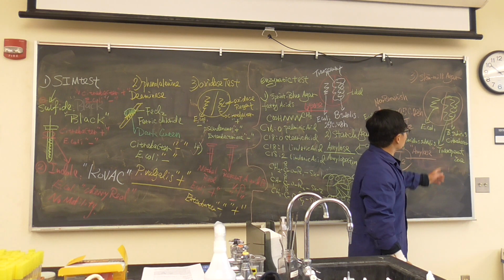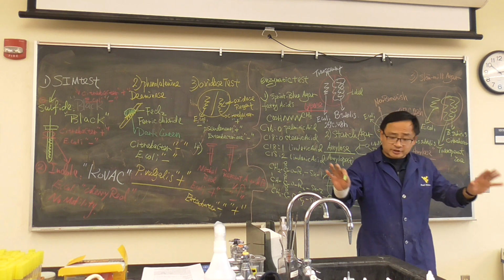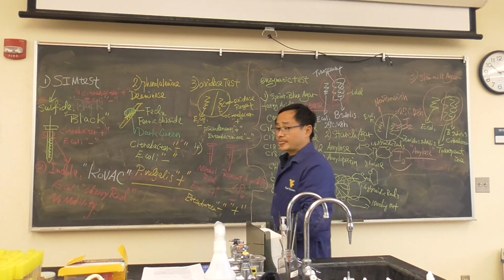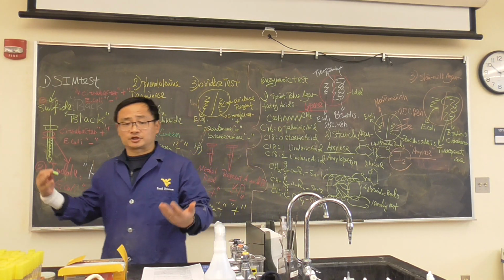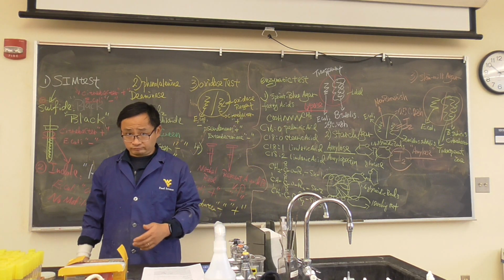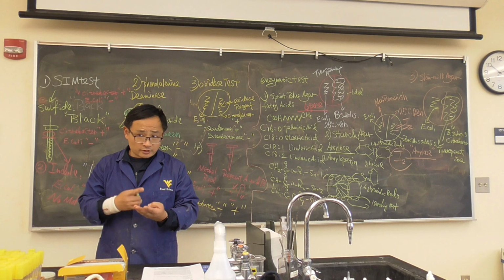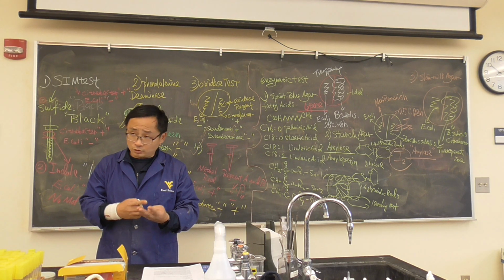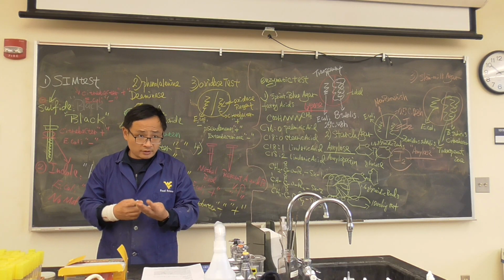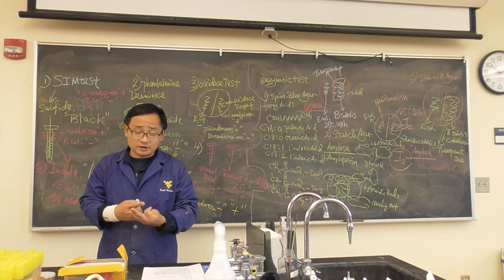Now the question is, what's the skim milk agar testing for? So think about what skim milk agar means. What do we have in the skim milk? Of course, you have water. So what else do you have? You have protein. What is the protein in the milk?